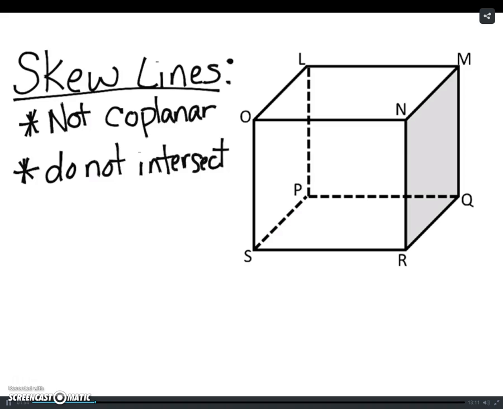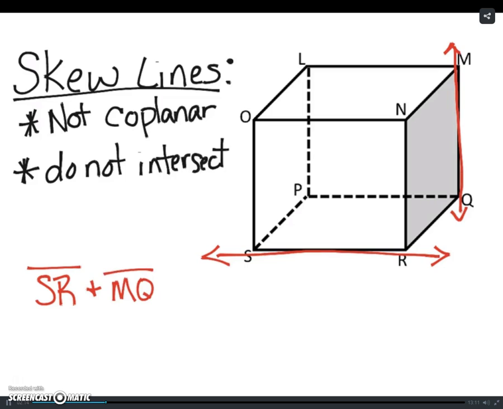For example here, we might say line SR and line MQ are skew lines. There's no special symbol for those. We would just write it out as SR and MQ are skew lines.